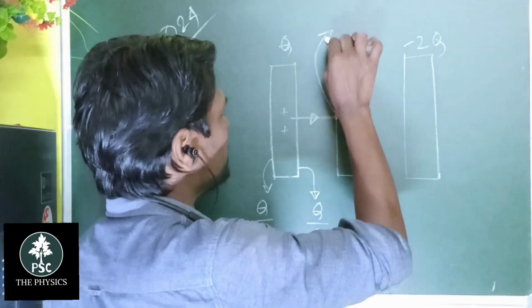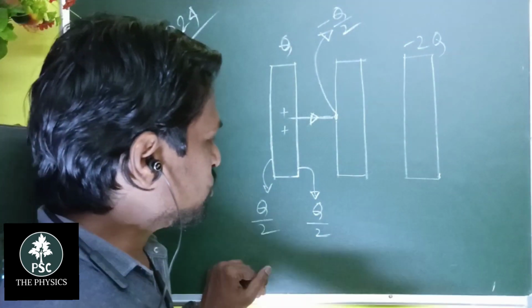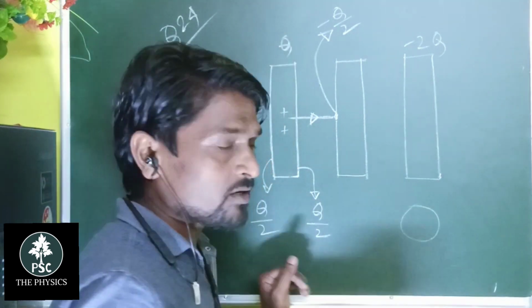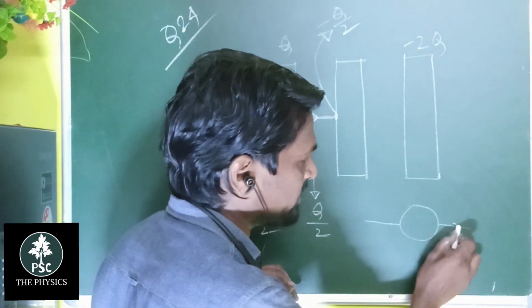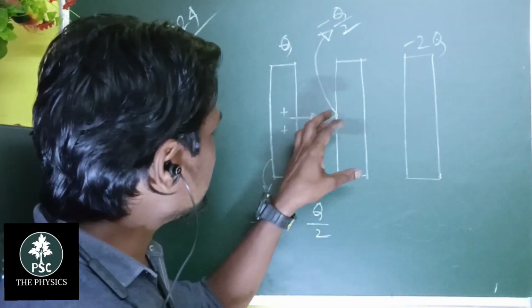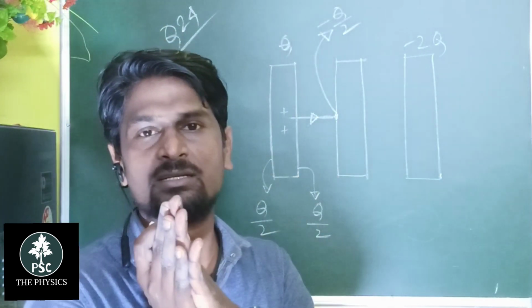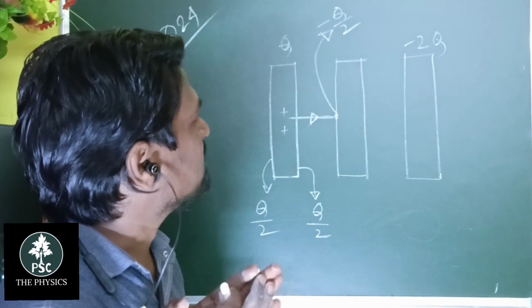So there must be a charge of minus Q by 2. Students, if this is a conductor, then the electric field cannot pass through it. Since inside the conductor there is no charge, charge always remains on the outer surface.